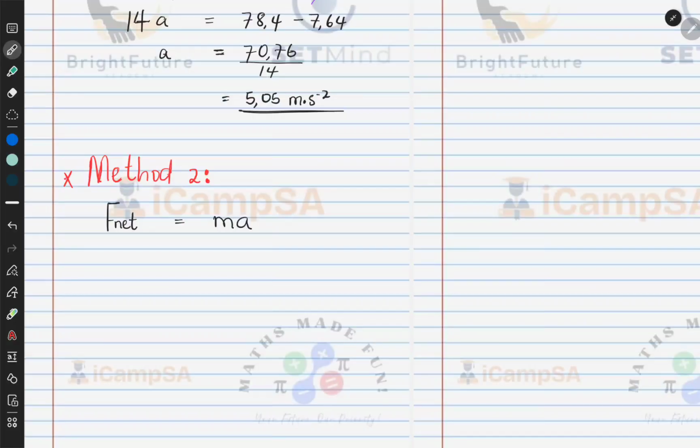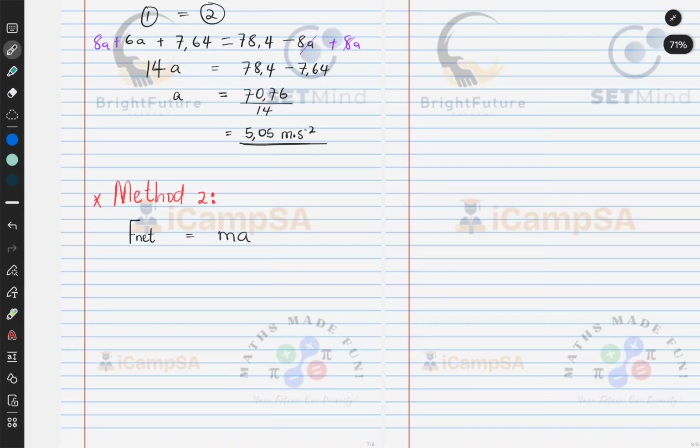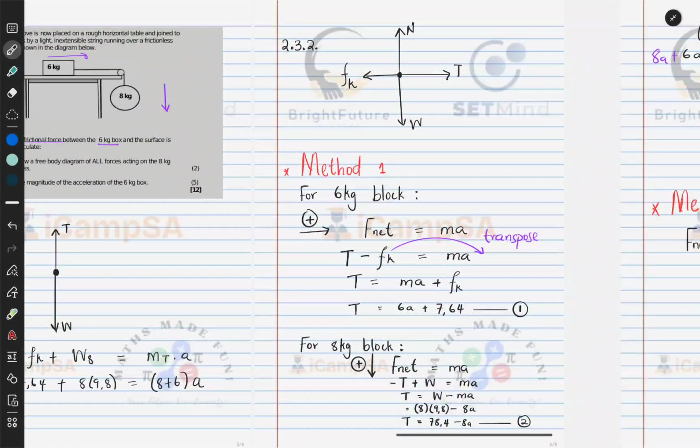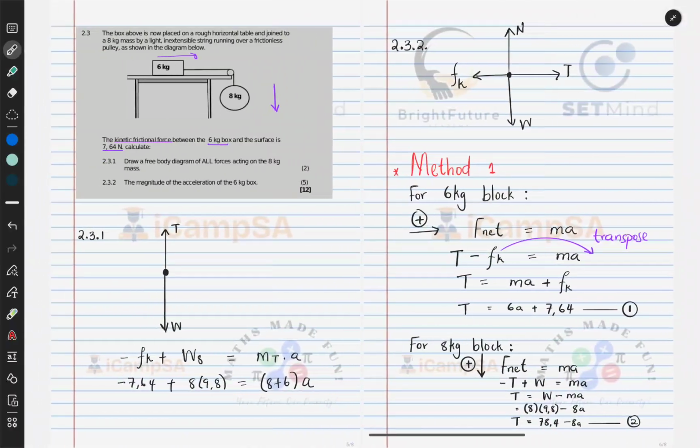I say you ignore the tension, but you don't actually ignore it, because if you combine the free body diagrams of these 2 objects, the tension vector components, this one and that one, are going in opposite directions, so they will tend to cancel.